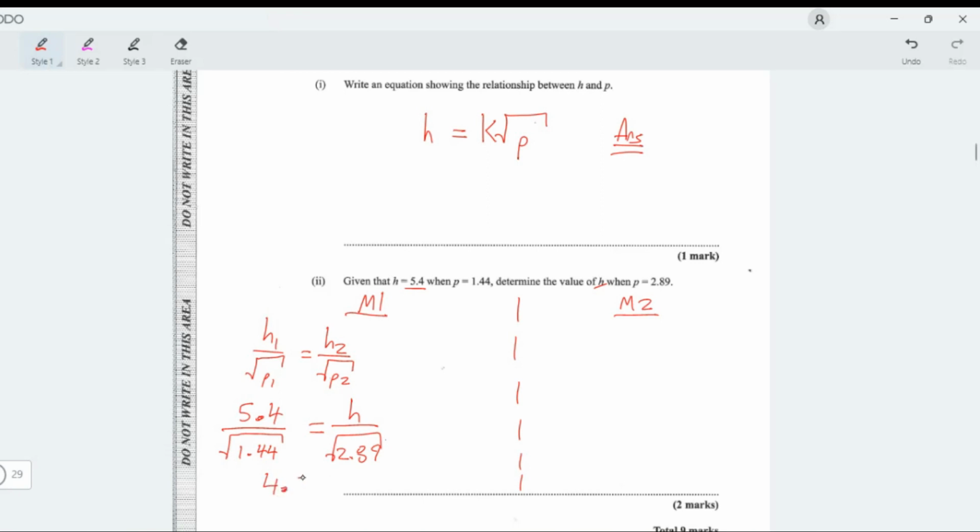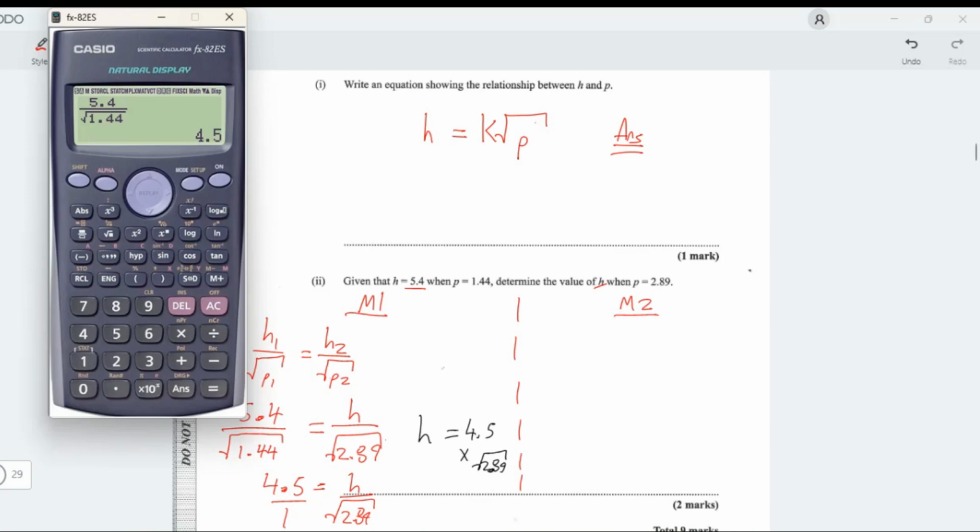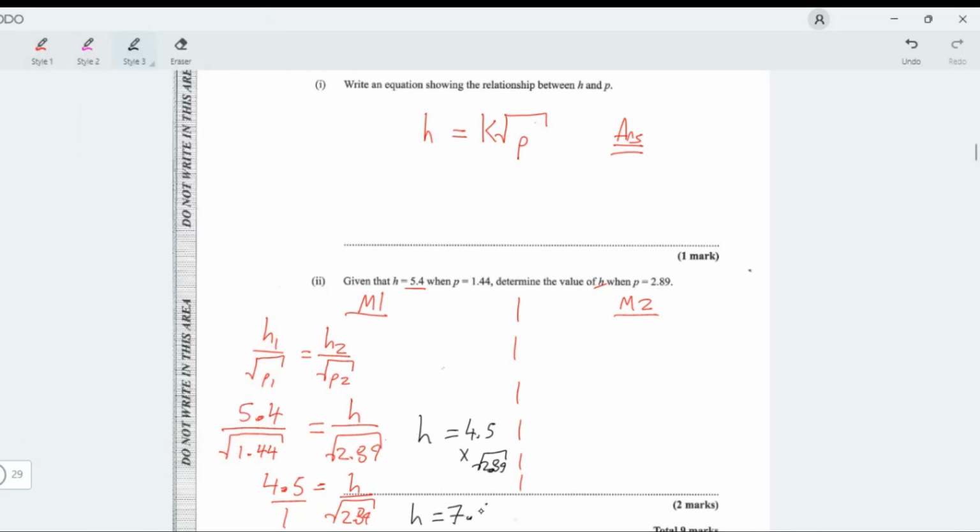We're saying 4.5 is equal to h over the square root of 2.89. So if you make h the subject, h is 4.5 times the square root of 2.89. Put that in a calculator and we get 7.65. H is 7.65. That's method 1.